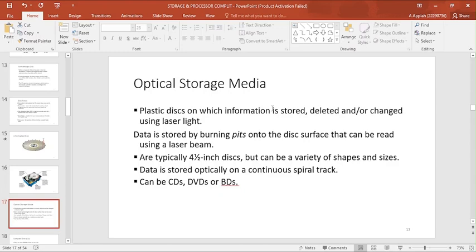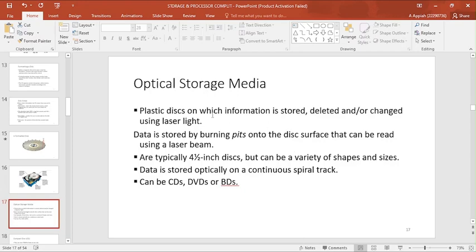So normally when we are transferring data onto a disk, we typically call it burning. So when we say we are burning, what are we doing? We are burning pits onto the disk surface, which can later be read using a laser beam.